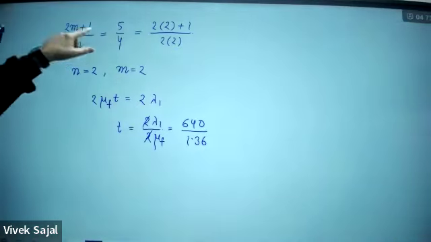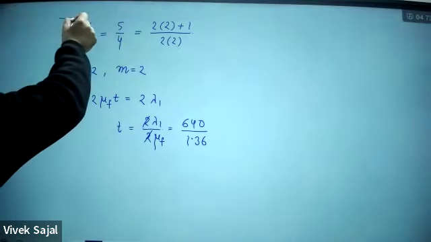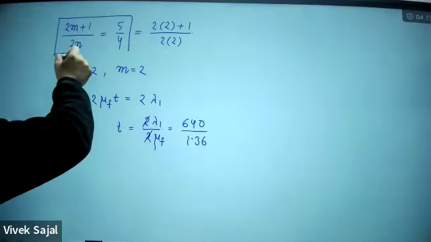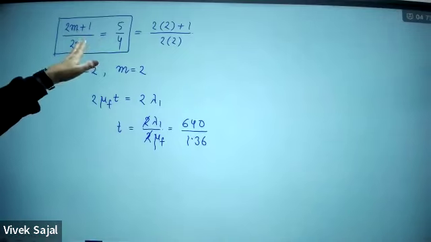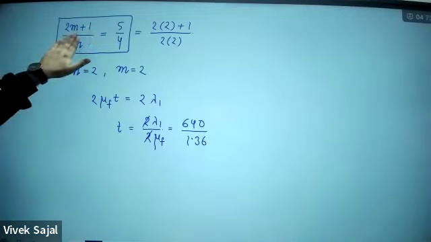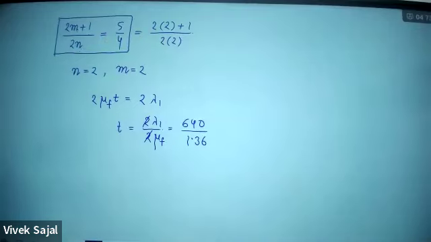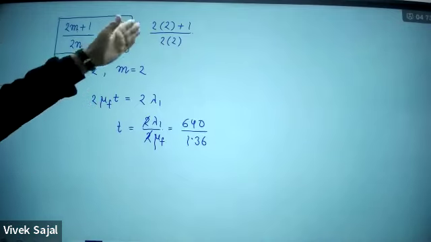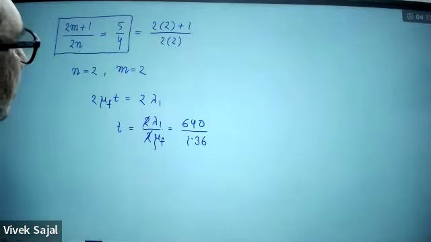If I give you only this equation, (2m plus 1) upon 2n equal to 5 by 4, and ask what are the minimum integer values of m and n which satisfy this, the simplest method is to convert this ratio in this form. So from here, by writing in this simple manner, I find n will be 2, m will be 2 for minimum value of thickness. Maybe you may find higher values, but they will not satisfy this condition.